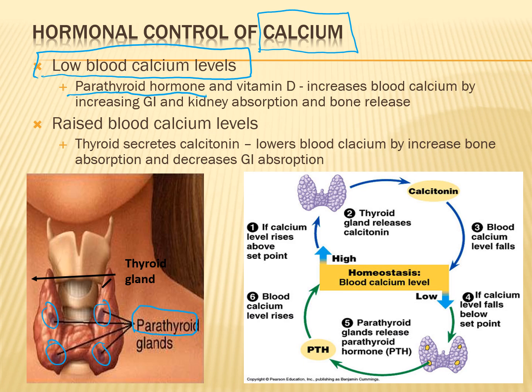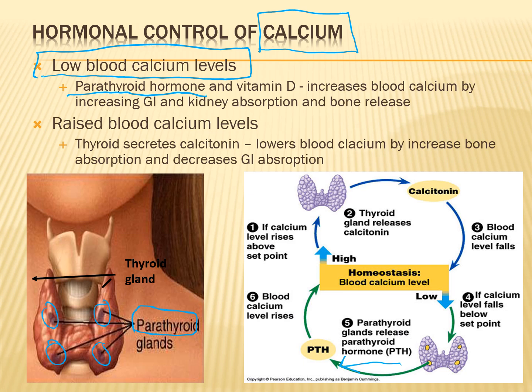So if your blood calcium level is low, your parathyroid glands release parathyroid hormone, and it increases calcium retention by the kidneys, calcium absorption from food, and will actually cause your bone mineral to break down to replace calcium in your blood.